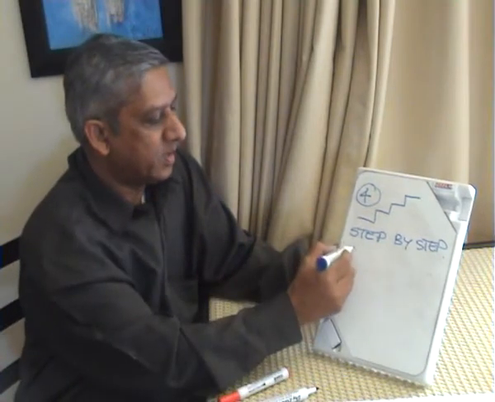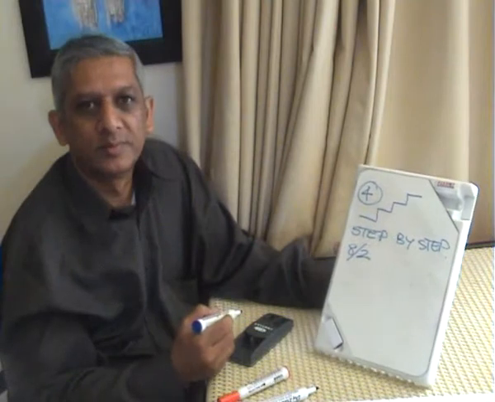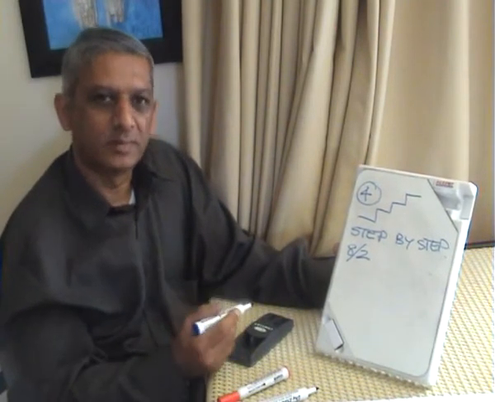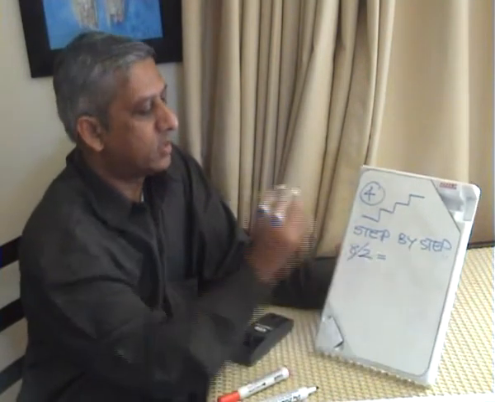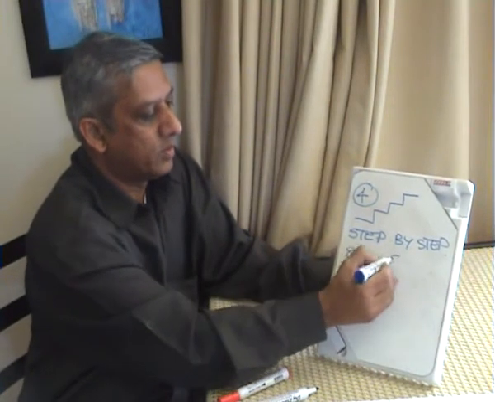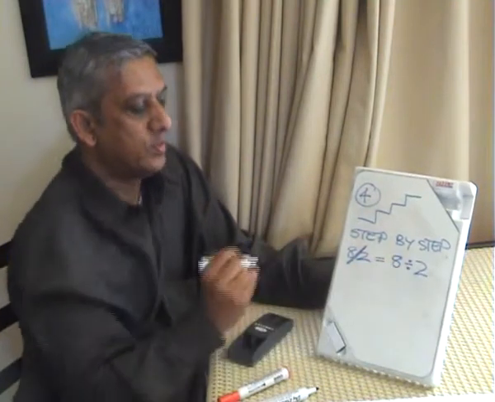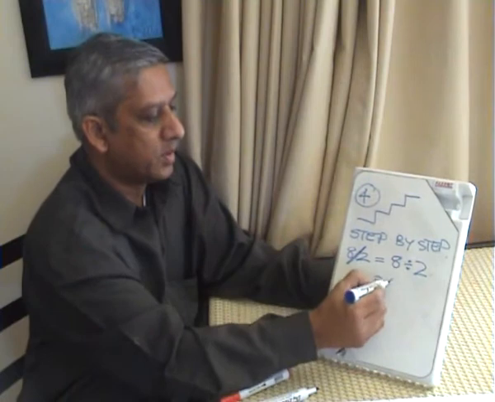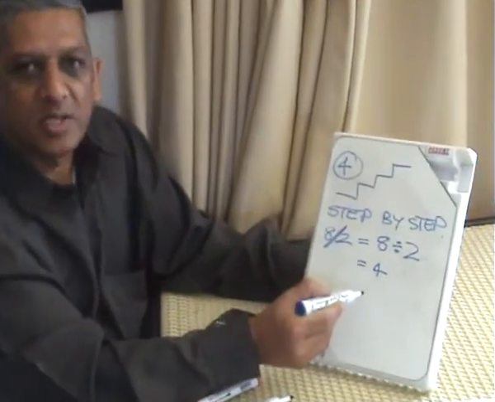For example, if I was given this example 8/2, I may be shocked. But if I try to do it step by step, then I will say, well, this means divide. Therefore, it will be 8 divided by 2. And then I will say, well, 8 divided by 2 is 4. So I'm going step by step.